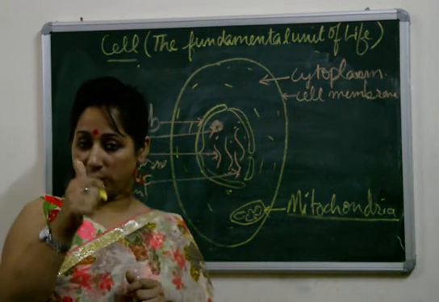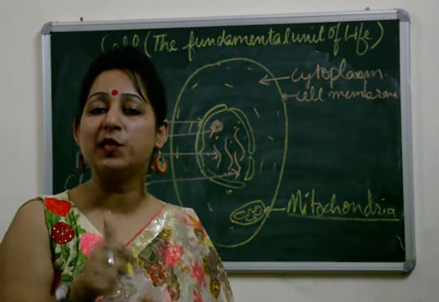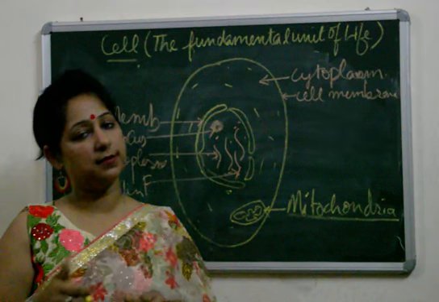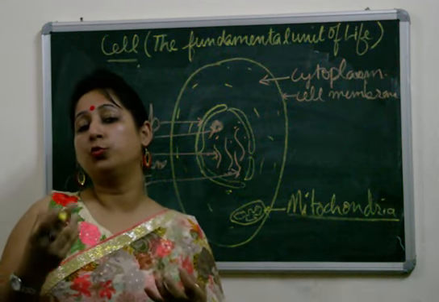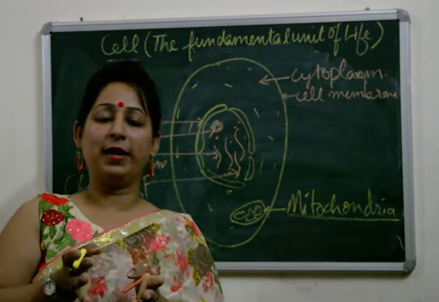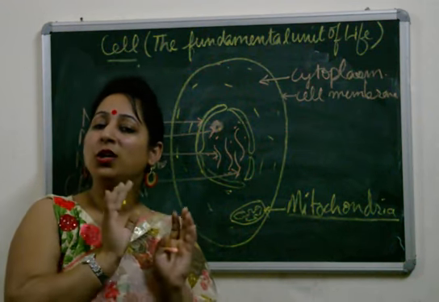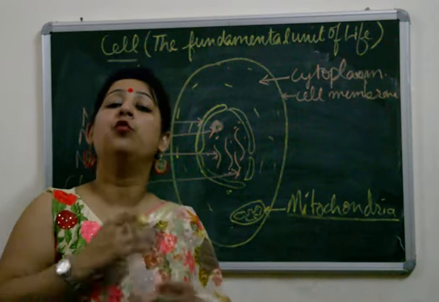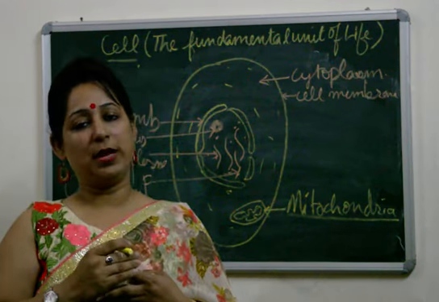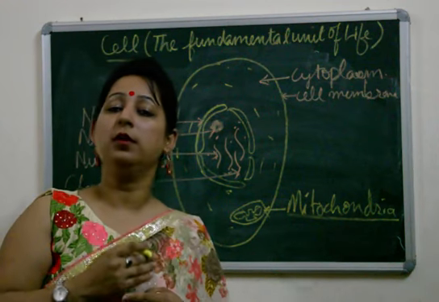Why? First of all, the process of cellular respiration, it occurs in mitochondria. That is the breakdown of glucose to produce energy. This mitochondria will break down the glucose present in the cell and produce energy for the cell to work. That is why it is known as the powerhouse of the cell.